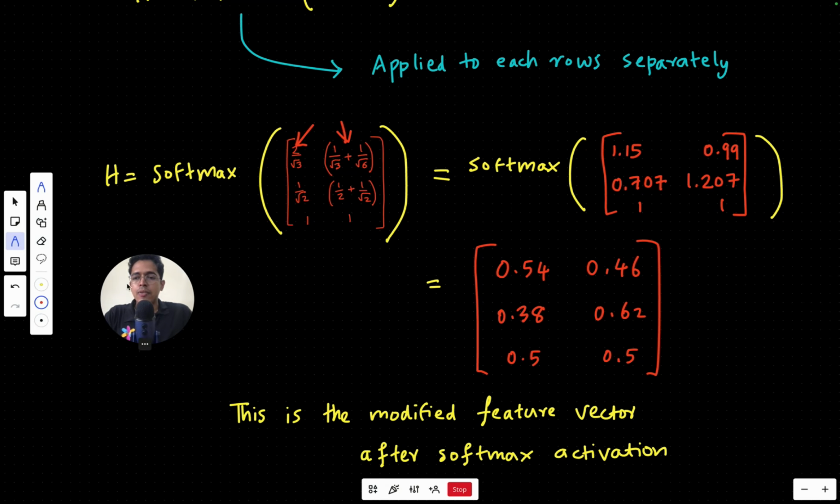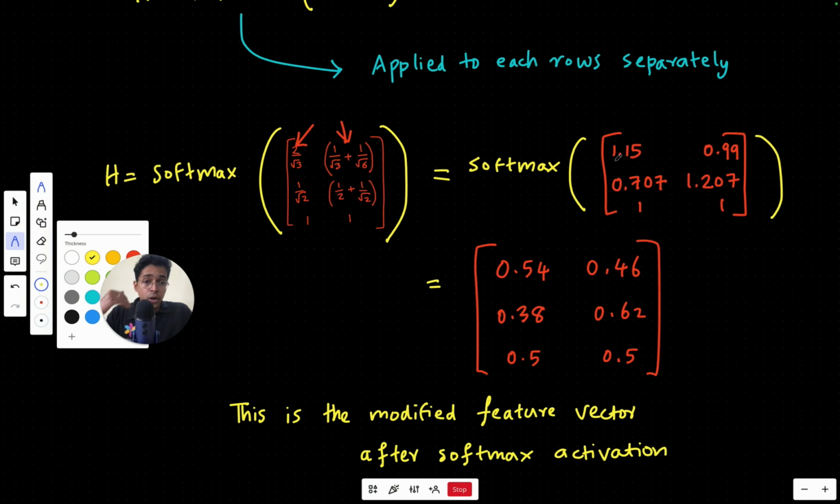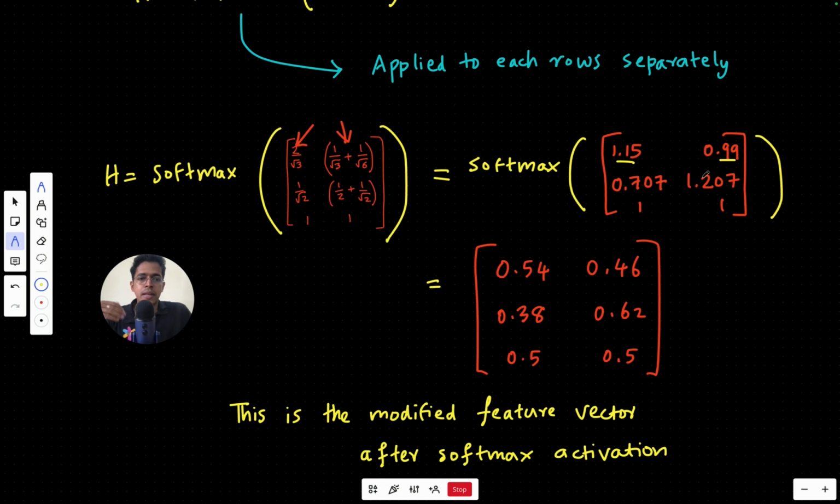Before applying softmax, I wrote 2 by square root of 3 in its proper form so that I can use an online softmax calculator. The formula for softmax is fairly simple. You can calculate it using a calculator if you have the formula, but I was a bit lazy. I just wanted to put these numbers into an online softmax calculator.